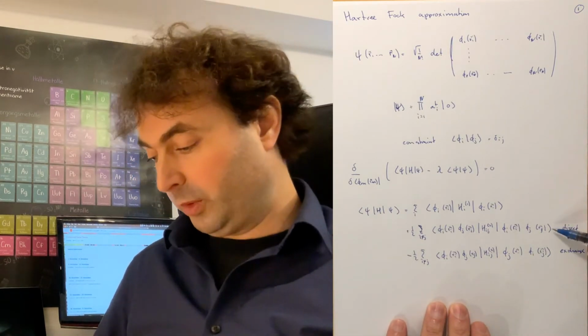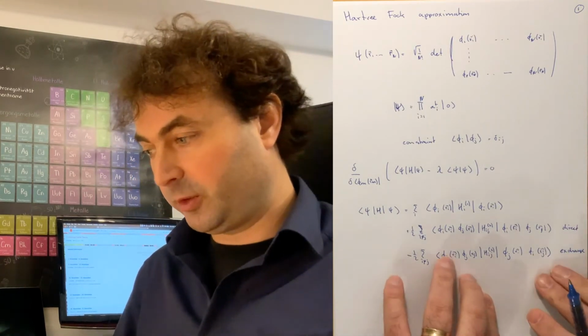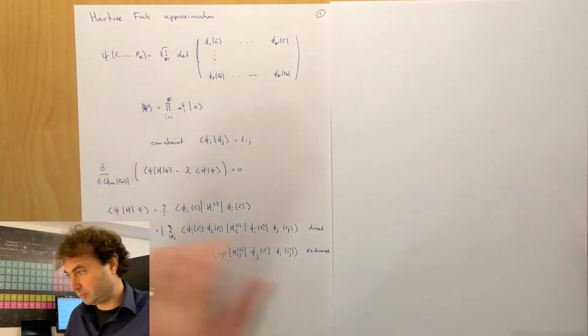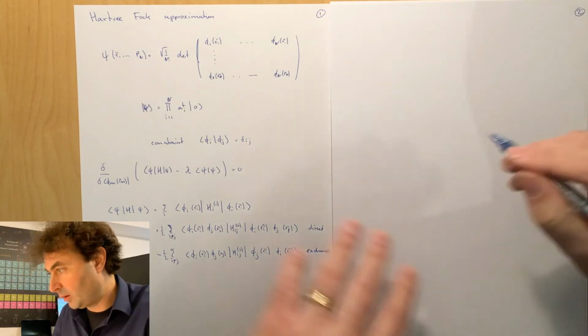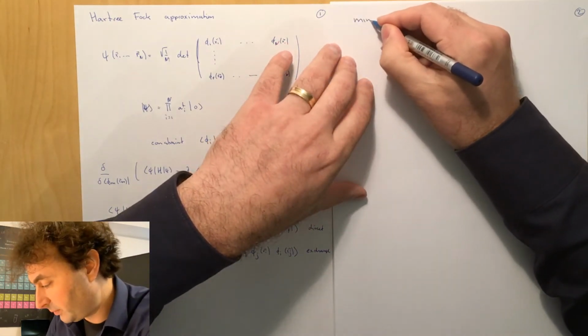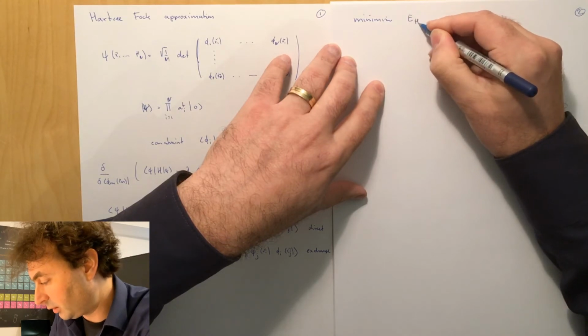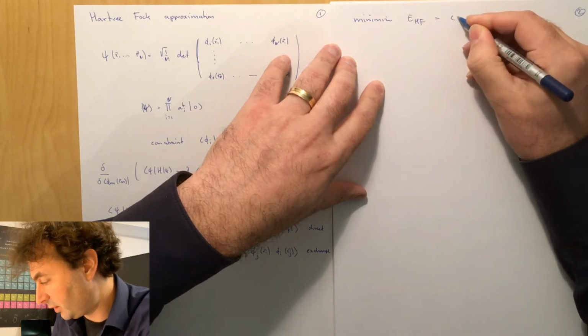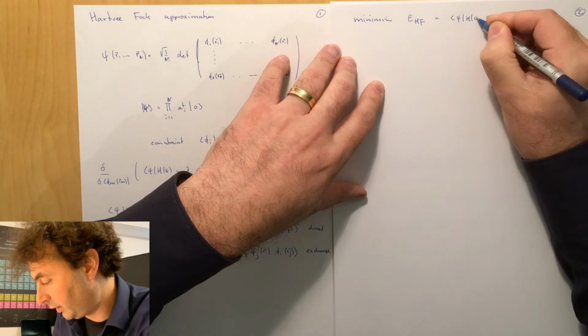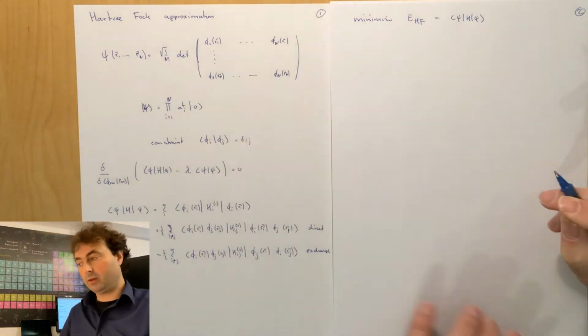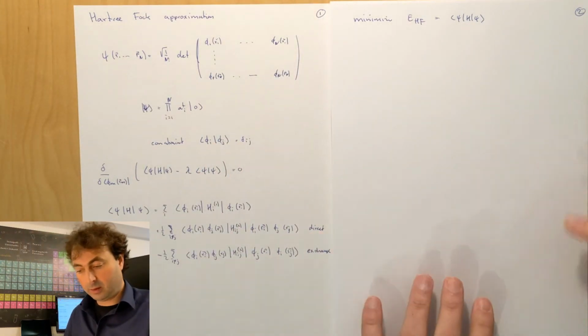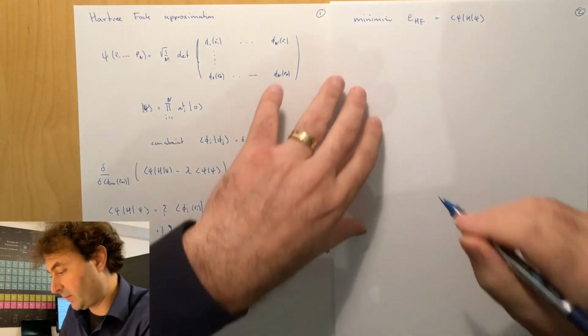We also know them as the Hartree and the Fock part of the interaction. And we now have to minimize the Hartree Fock energy, which is psi h psi, and naturally under the constraint that our wave function is normalized.